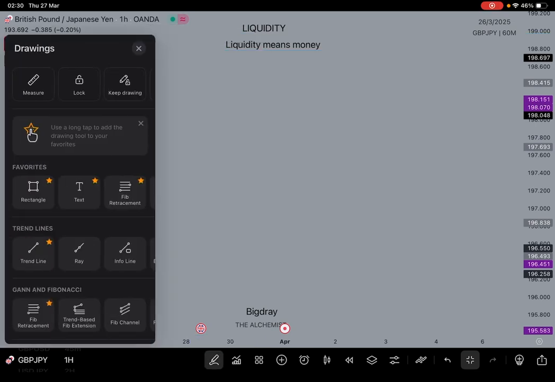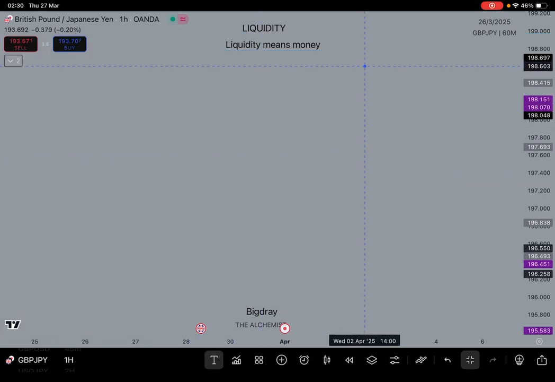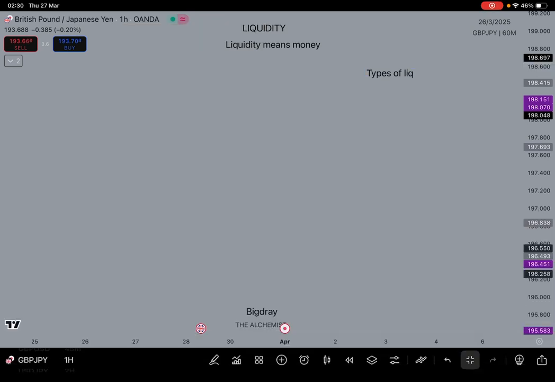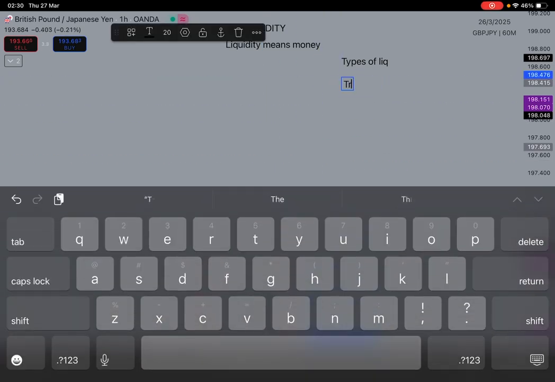Exactly. So we have types of liquidity. I do not go out of the line. I just want to go straight to the point and not beat around the bush. Types of liquidity. We have transactional liquidity.